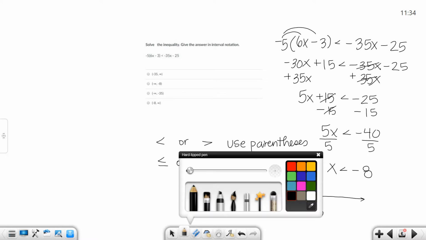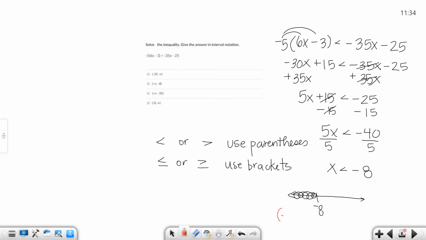So in interval notation, this would be from negative infinity to negative 8, and remember, negative 8 uses parentheses. So that would be my choice. Now looking at this one more time, I divided by a positive number here, so there was no flipping. But if you divided by a negative number, remember you have to flip the sign.